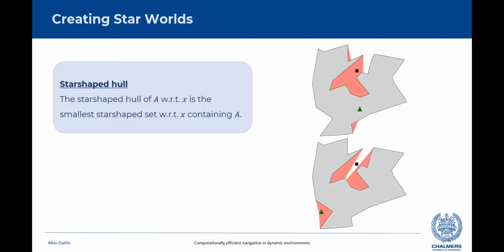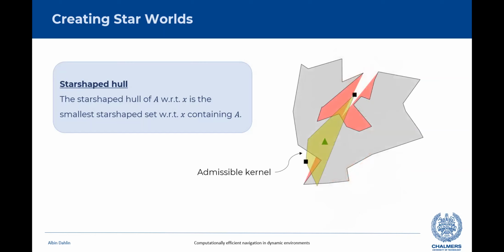We can make use of this flexibility if we want to exclude some points like the robot position. And we can then actually compute all the possible points where we can generate the hull while still excluding the robot and goal position. We call this the admissible kernel.